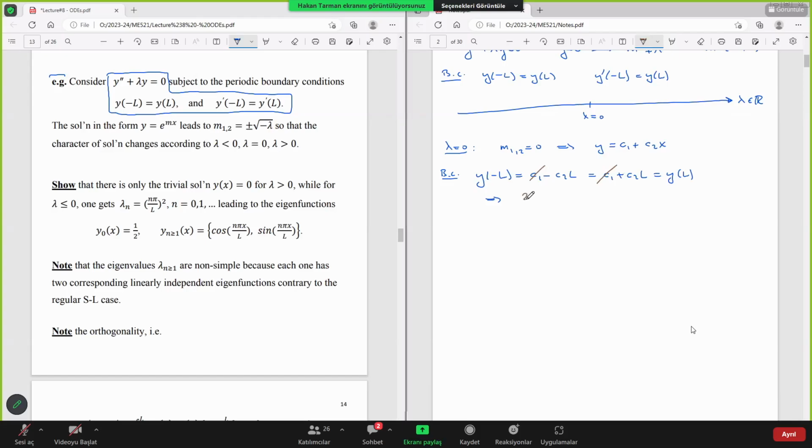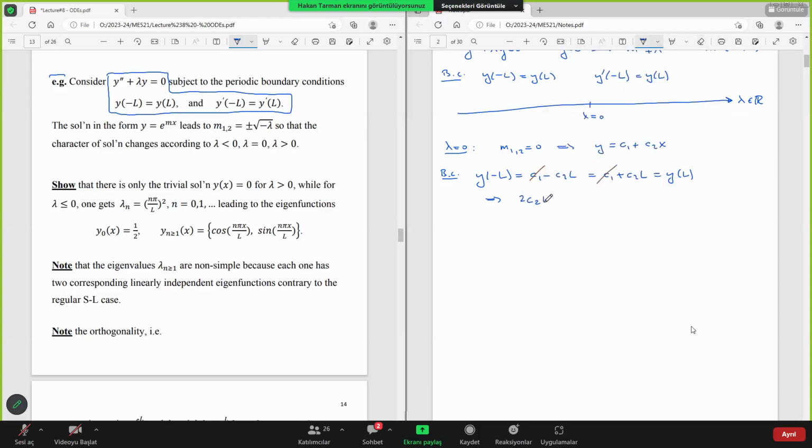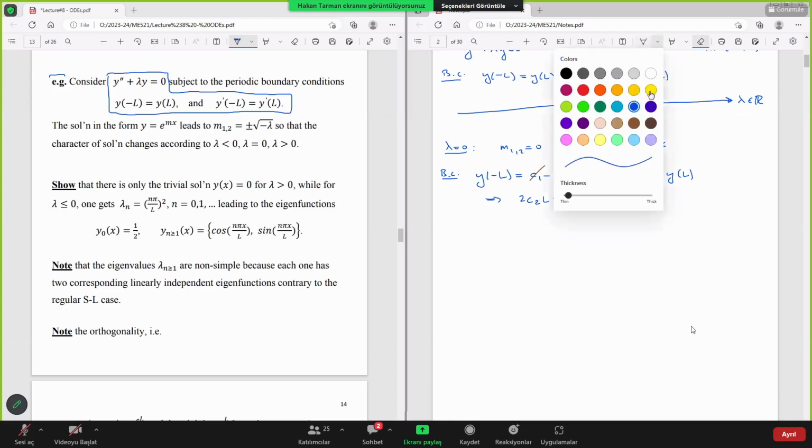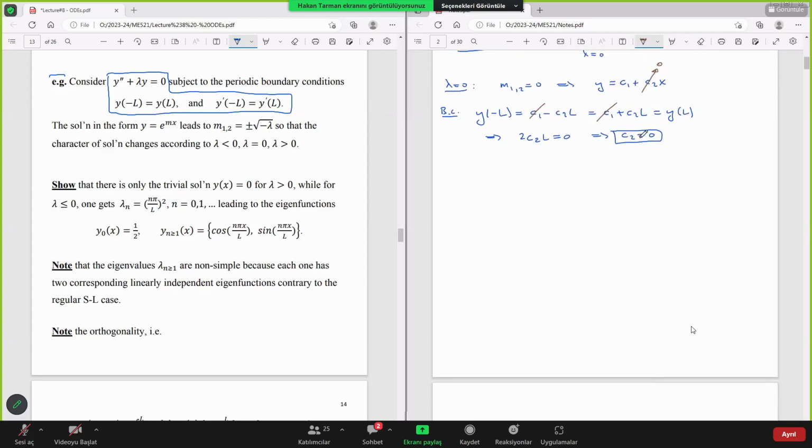So you end up with 2 C2L equal to 0. Since L is different than 0, C2 must be 0. First result, C2 is 0. Let me put a different color. So you shouldn't think that I'm zeroing it right from the beginning. I'm zeroing it because of this intermediate result.